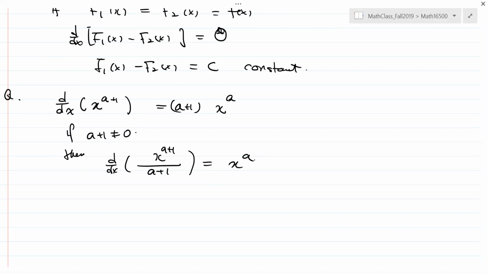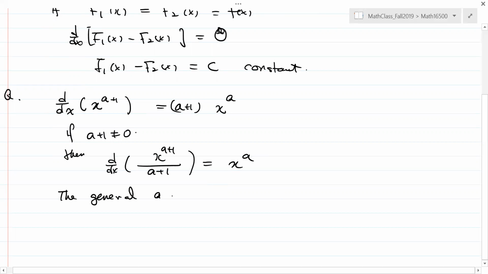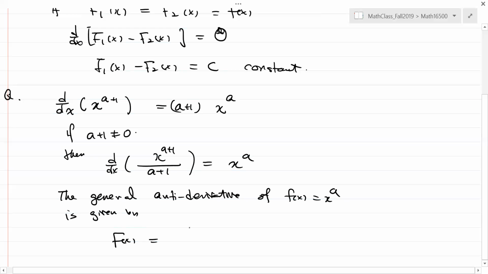So what does that mean? That means we find the antiderivative of x to the power a. So the general formula for the antiderivative, the general antiderivative of this function, is given by capital F of x, which is this one plus a constant.